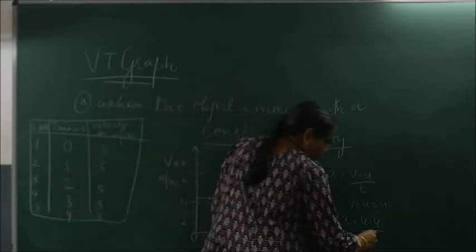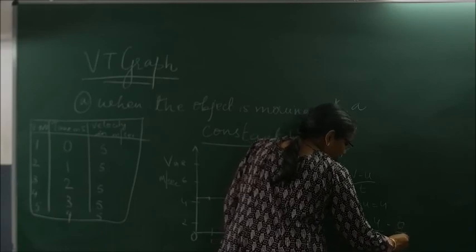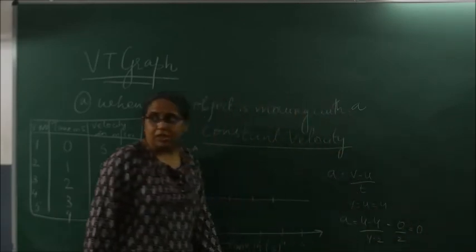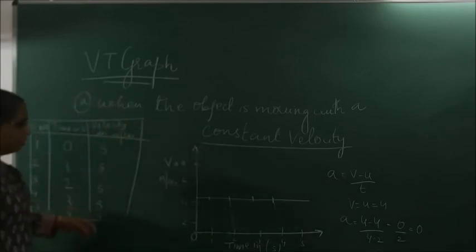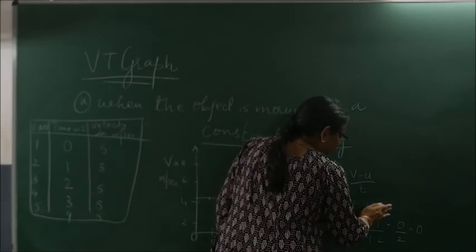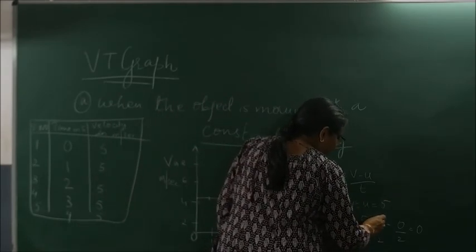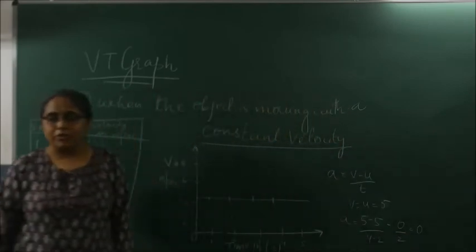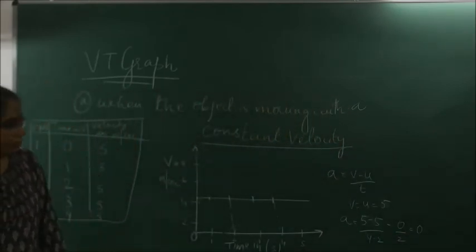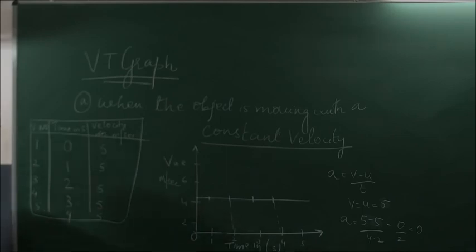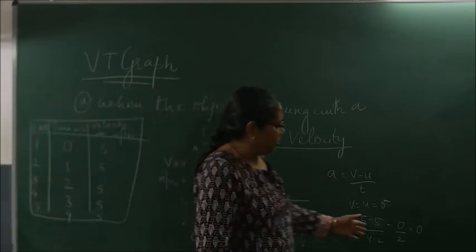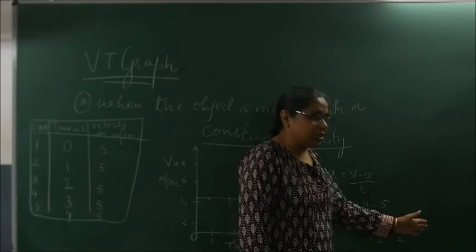So it is 5 minus 5 by 4 minus 2. So 0 by 2, which is equal to 0.